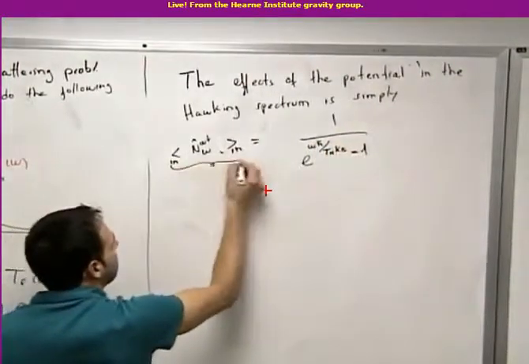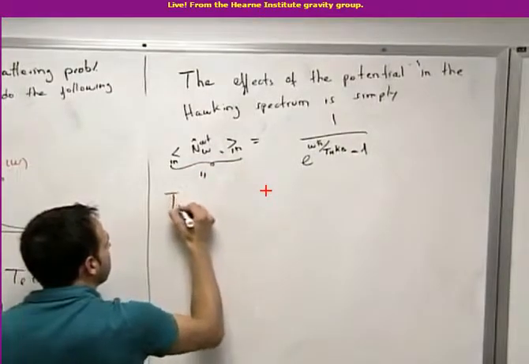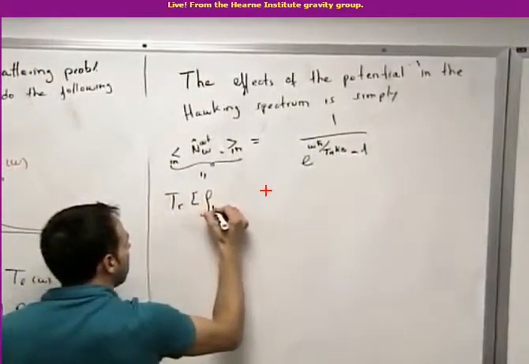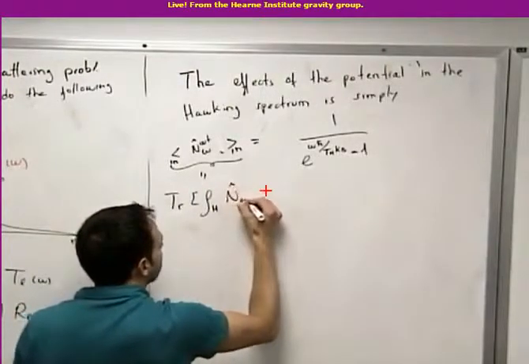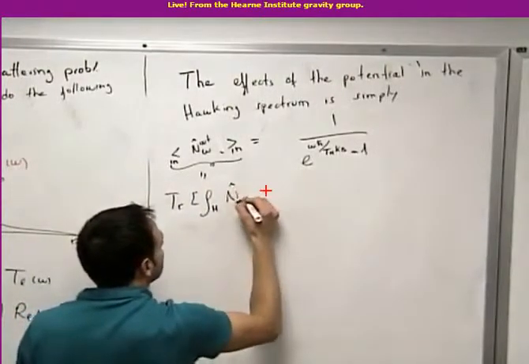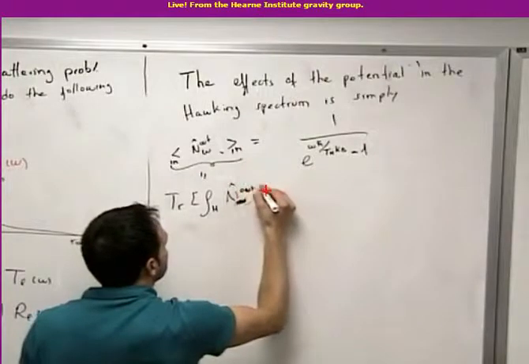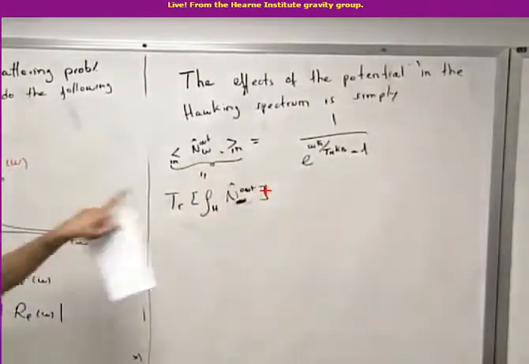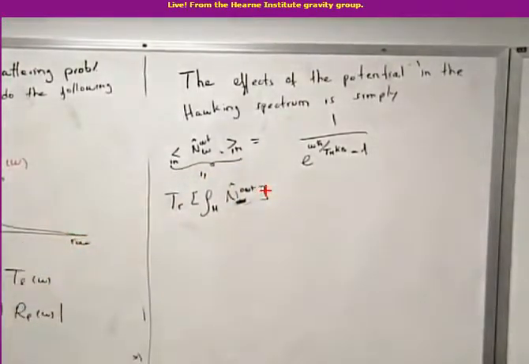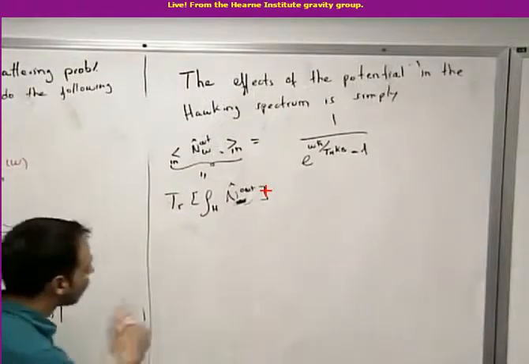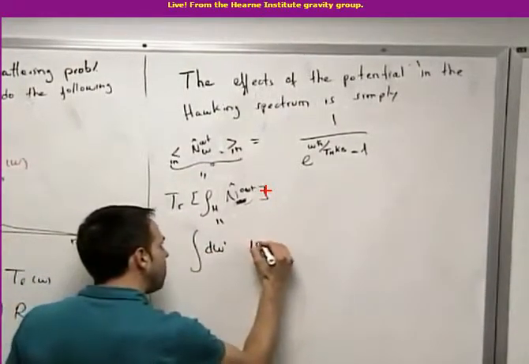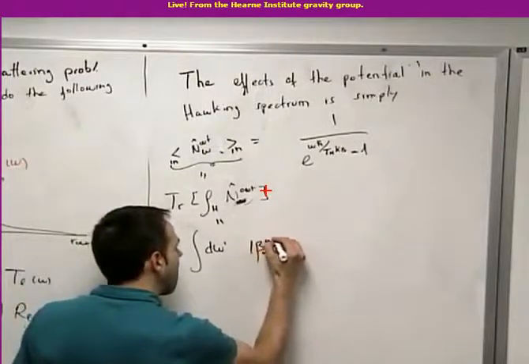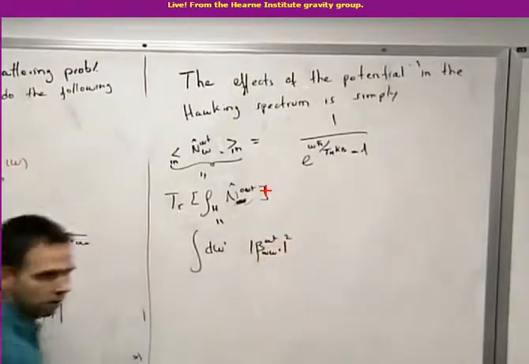I write this, but remember that what I really mean is the trace of the Hawking density matrix times the number operator. Just a shorthand, I write that. This is what we obtained before. And also remember that that was equal to the integral over omega prime of beta out squared.